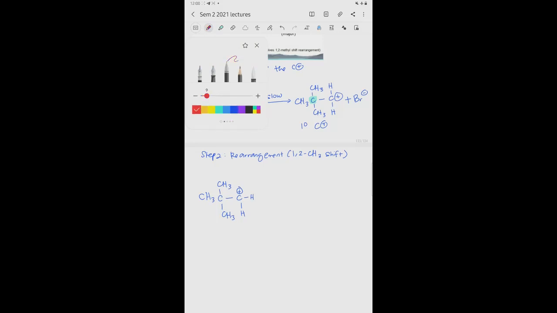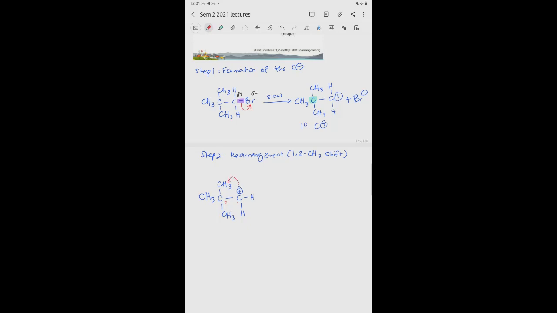We will change the position of the carbocation with the methyl group. So 1,2-methyl shift. This is carbon number 1, this is carbon number 2. So we change the position. Just draw the arrow like that. The arrow must be a double-headed curved arrow.